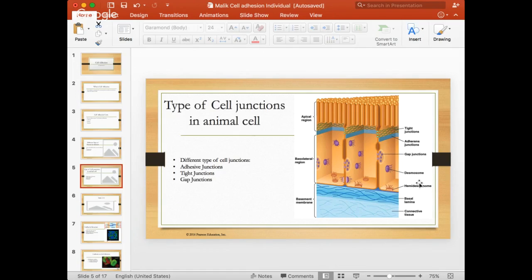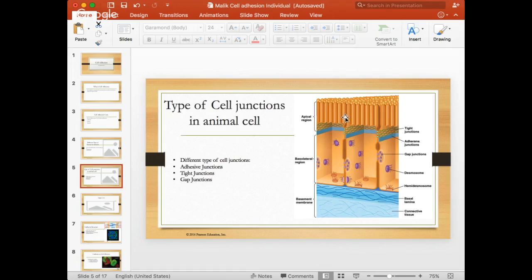And you see the desmosomes, which are these purple figures right here. Also, you do see again the basal lamina and the connective tissue in this figure as well.